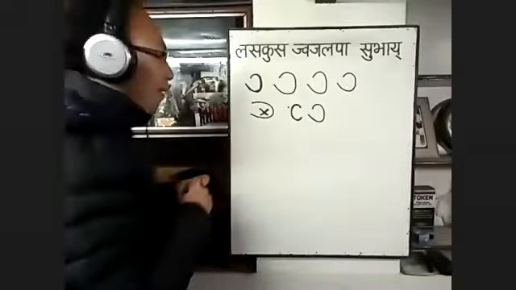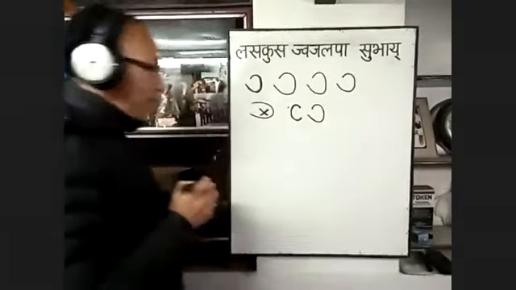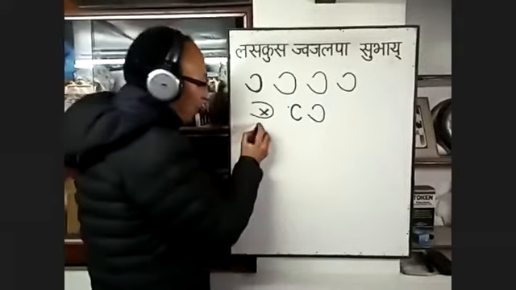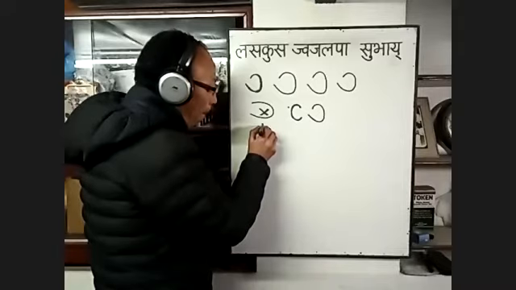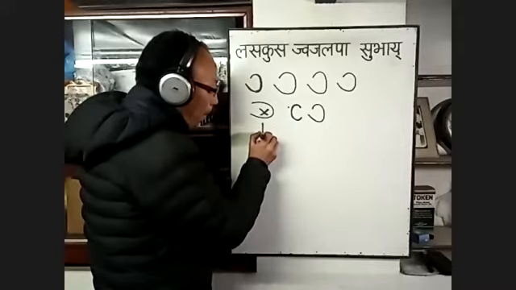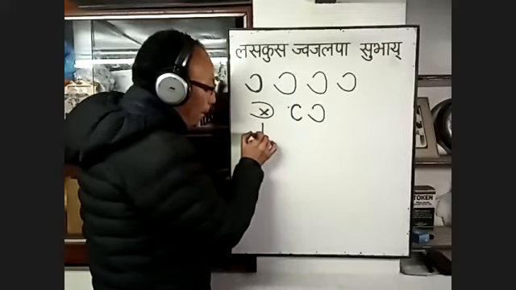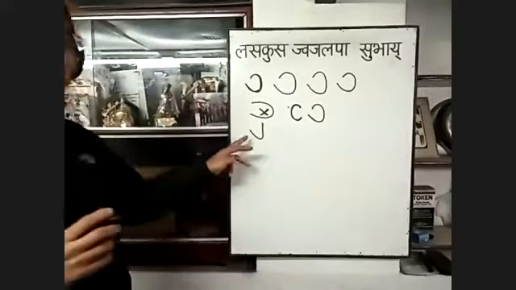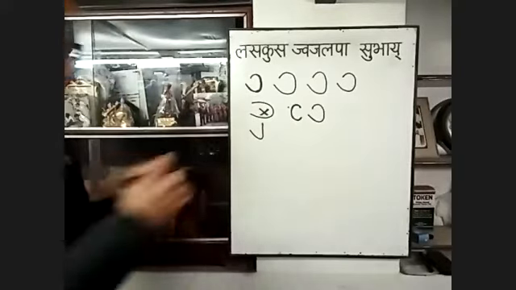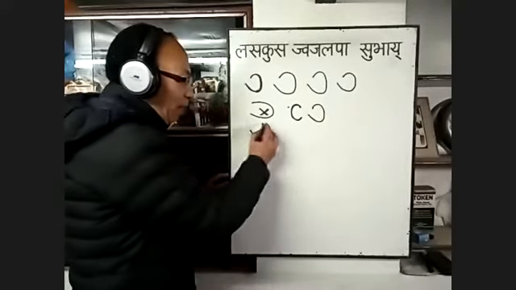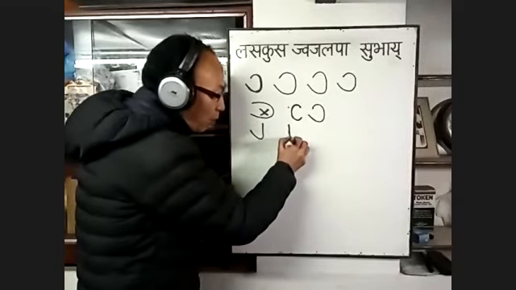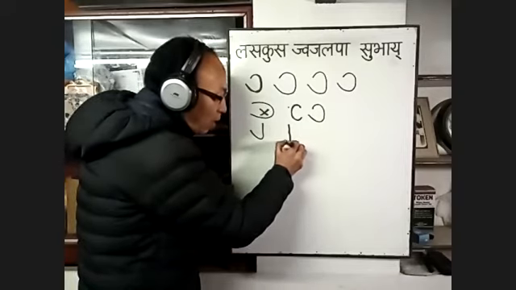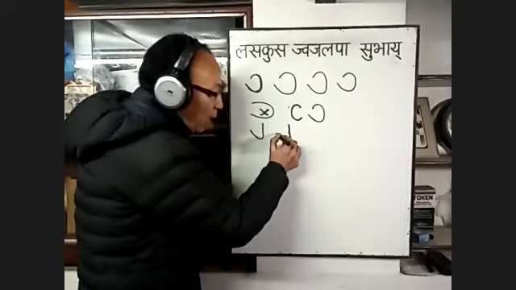And the other stroke that we are going to learn is this. It's kind of like a J in English, but it is not like J. You draw a straight line down, and as you are about to reach the bottom of your line, slightly bend it and draw a line like this.